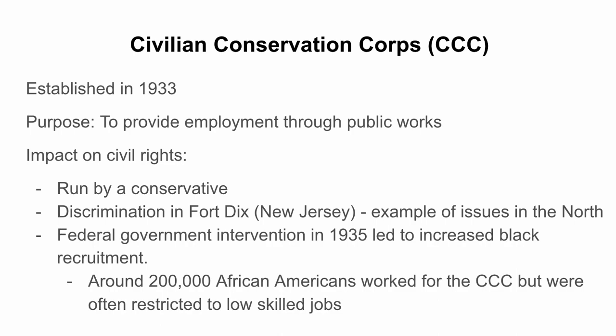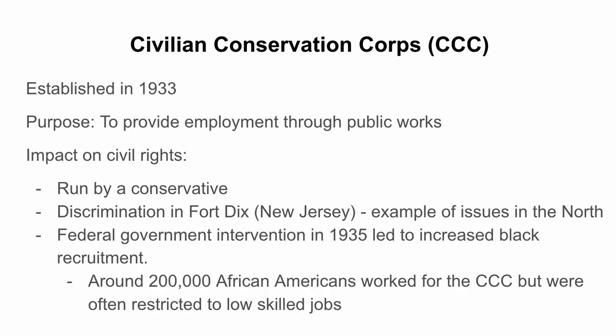Next up is the CCC, the Civilian Conservation Corps, again established in 1933, to provide employment through public works. The CCC was run by a conservative, and there were examples of discrimination in Fort Dix in New Jersey, which is of course in the north. That's an example of more widespread discrimination in New Deal alphabet agencies.